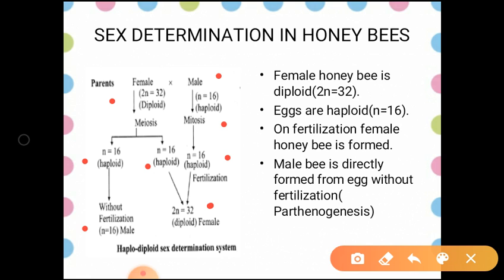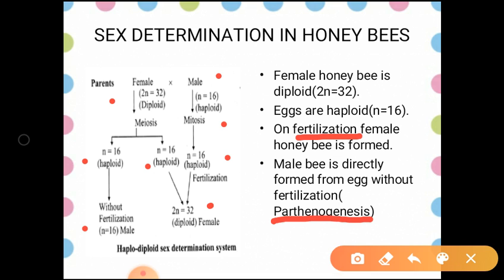You have already studied that if a female gamete directly forms a new organism without fertilization, the phenomenon is called parthenogenesis. So male honeybees are formed by parthenogenesis, but the female honeybee is formed by means of fertilization.